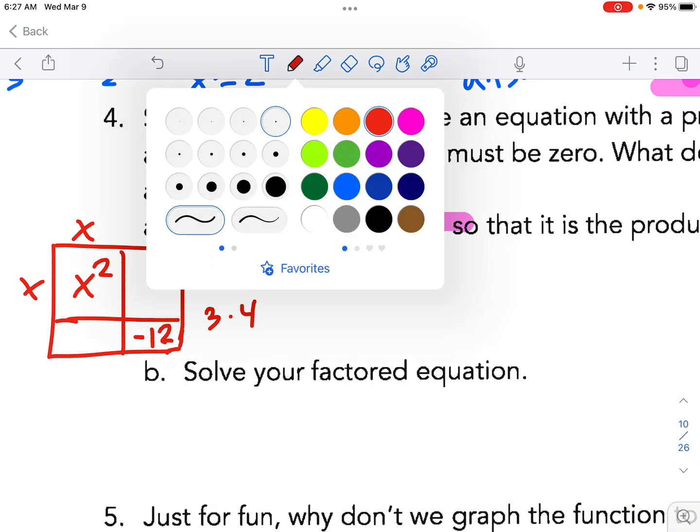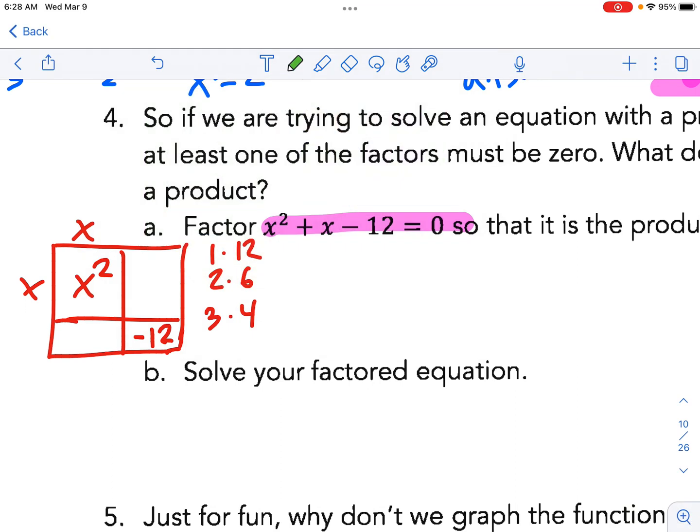I need to make a negative product, so that means I need a plus and a minus. And I need to make a positive 1. This is the only way I can make a positive 1, so it must be a plus 4 and a minus 3. That means the 4 is up here and the minus 3 is down here.